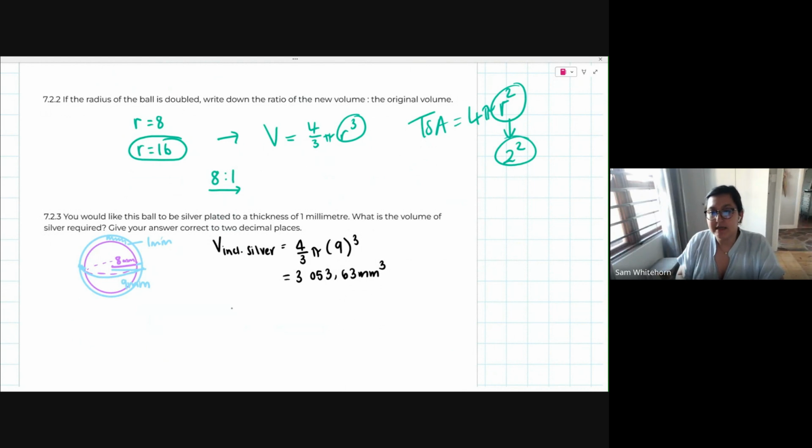So to get the volume of silver plating, we're going to take the volume of the original ball plus the silver, minus just the volume of the ball. The volume of the ball plus the silver is what we just worked out, the 3053.63.